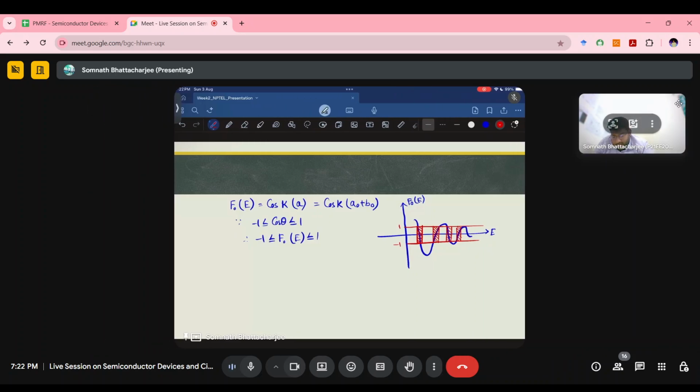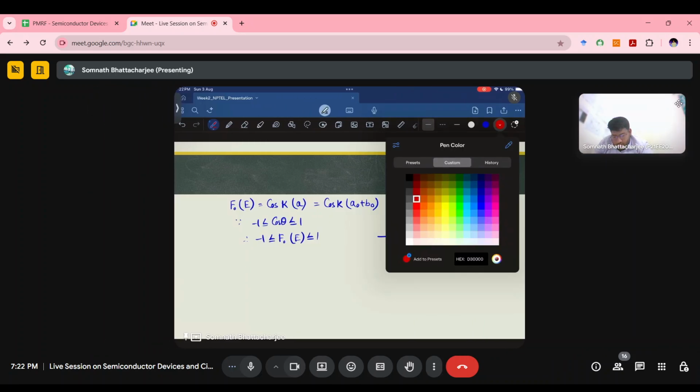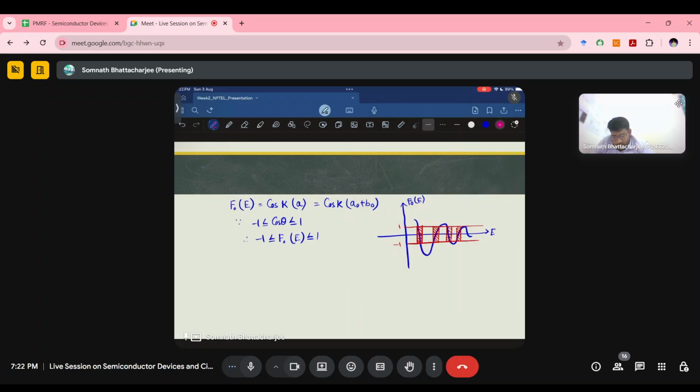Yeah, so these values are permitted, and this raised value is not permitted as it's going beyond the limit, that is 1 to -1, this area and also this area. There is an invalid state as well. So I'll just change the color. This is a forbidden area, this is a forbidden area, while there are these discrete patterns of energy.